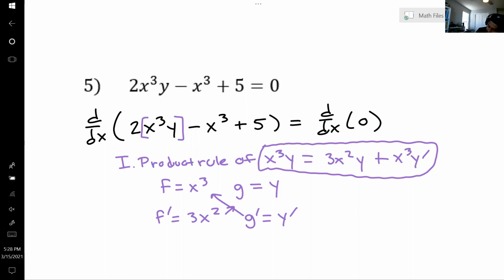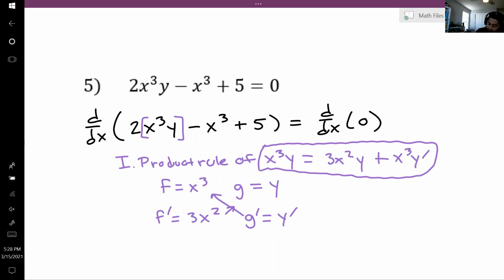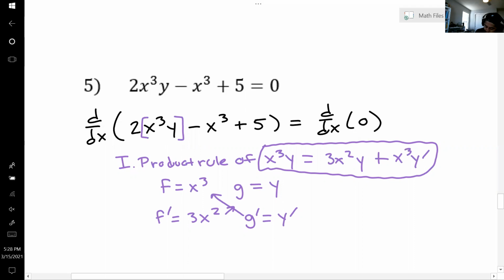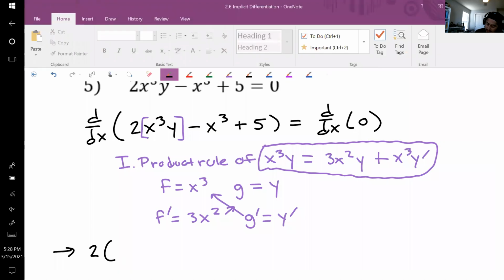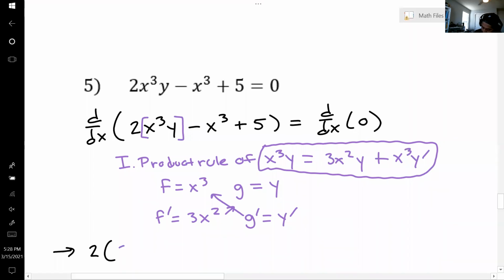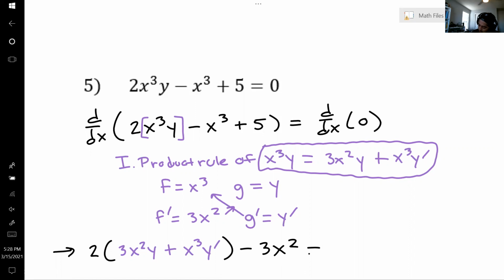So now we can continue with our derivative. Two times, and then I'll put in there the 3x squared y plus x cubed y prime, and then minus the derivative of x cubed, so negative 3x squared, and then 0, 0, and 0.